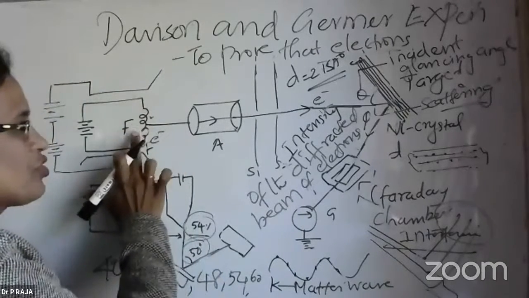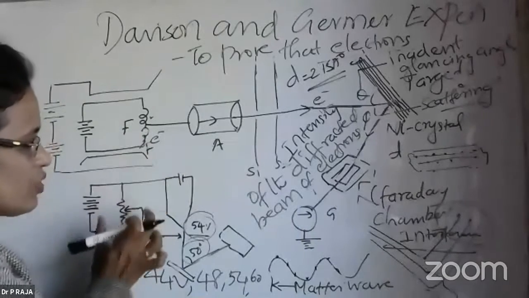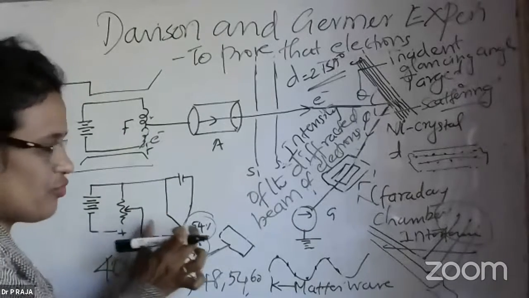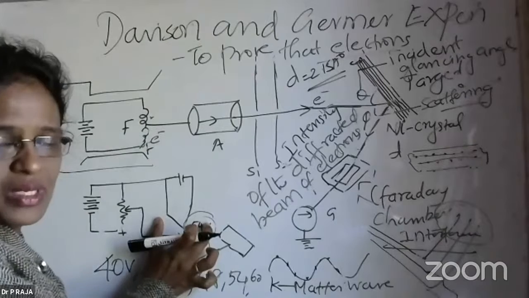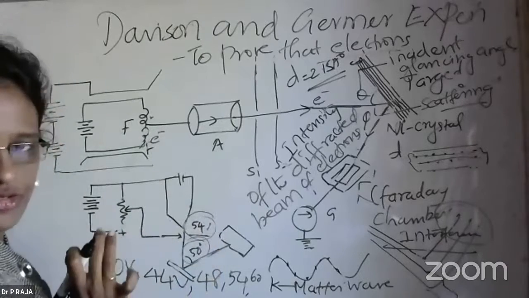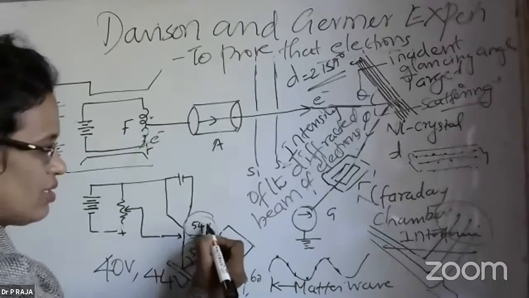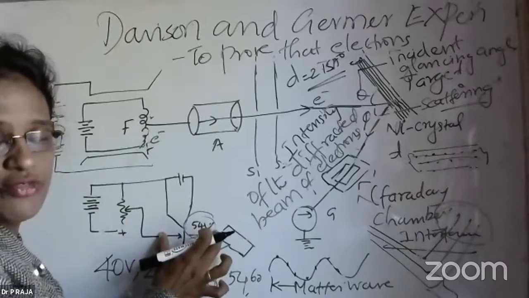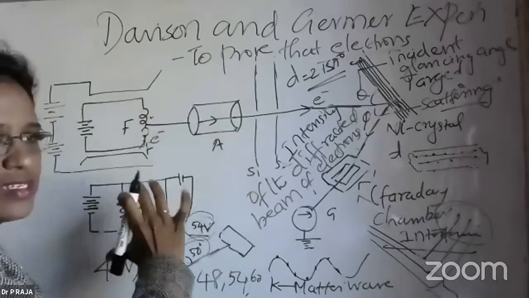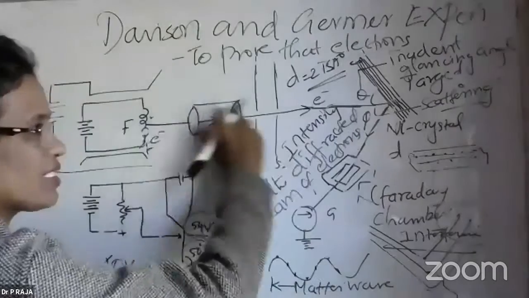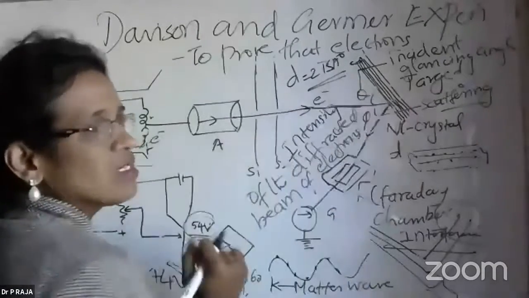By thermionic emission, electrons were emitted, and a suitable potential difference of 54 volts was applied by the trial and error method, and they found that 54 volts was good enough for the potential difference to be maintained, so that the electrons will be attracted and made to move towards the target.